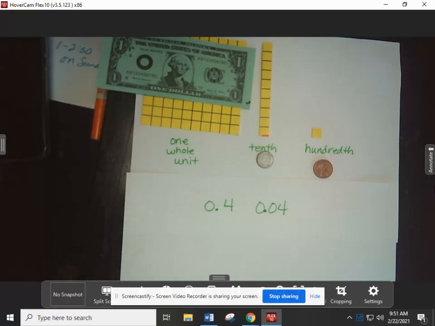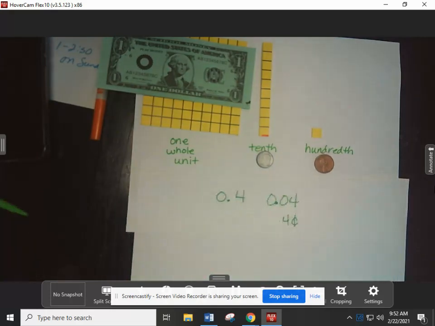Millie? 4 cents. Which one is 4 cents? The one with the 0 and 0. Okay, so you're saying this one is 4 cents. What's that one? Well, let's do it this way.